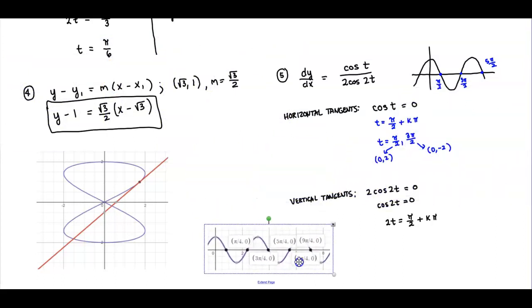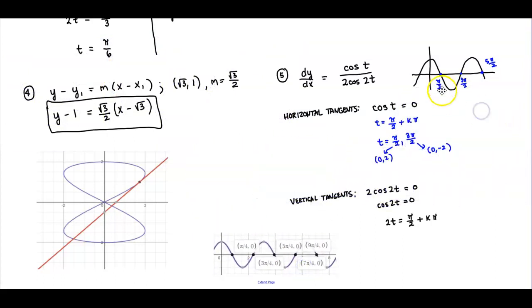Over here we're using pi over 2, 3 pi over 2, and then this becomes 5 pi over 2. All right, so when we have 2t equal to pi over 2 plus k pi, when we divide by 2, we end up getting pi over 4 plus k pi over 2.